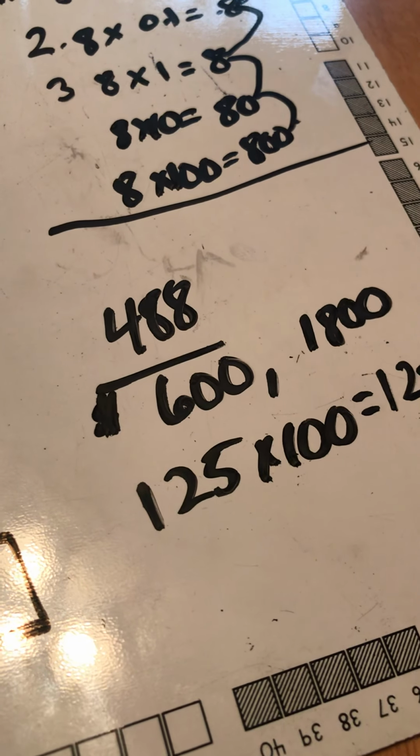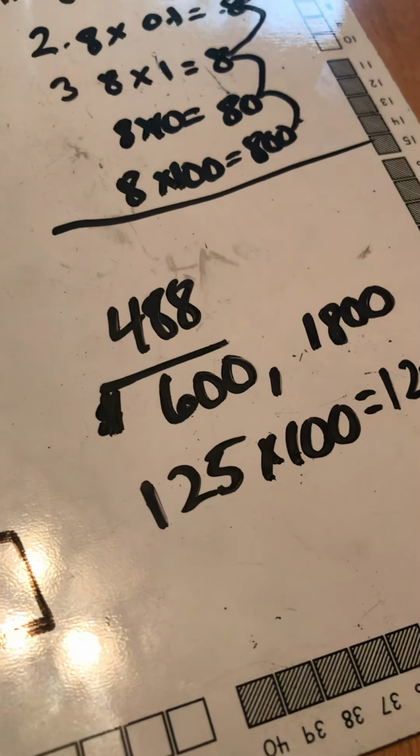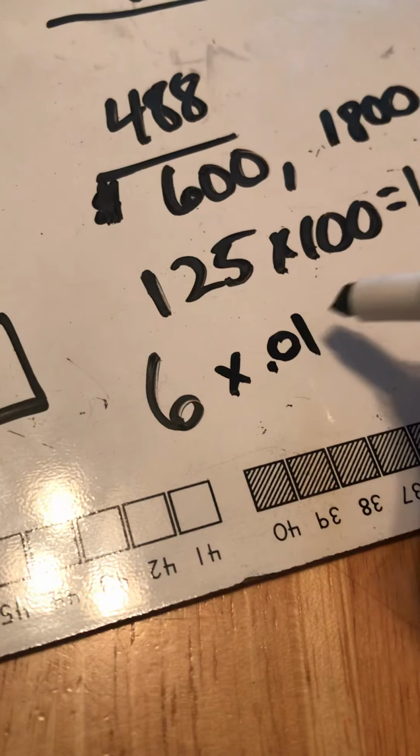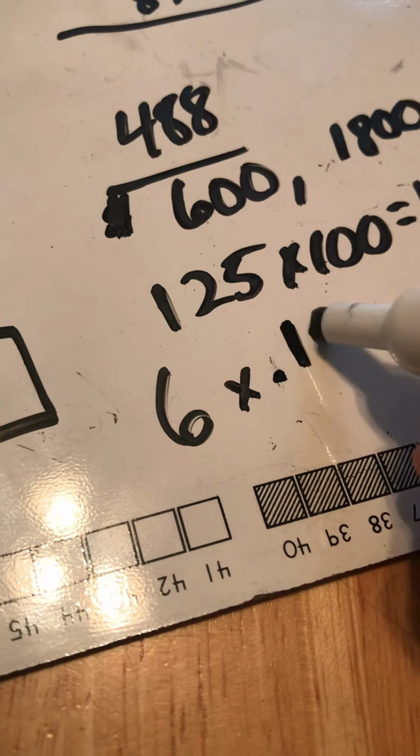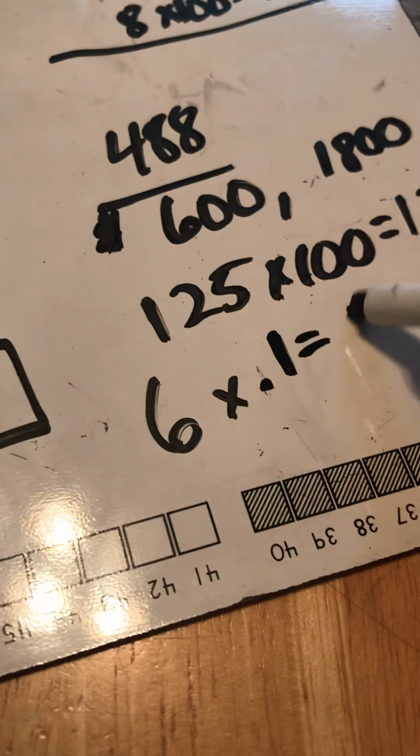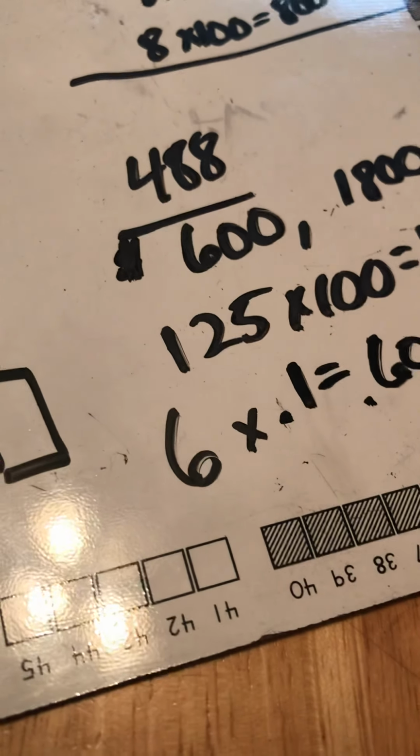And $10 bills are going to be easy. $1 bills, of course, are going to be easy. But when we get down to something like dimes, so if we had 6 dimes, or excuse me, dimes would be what? It'd be 60 cents, right?